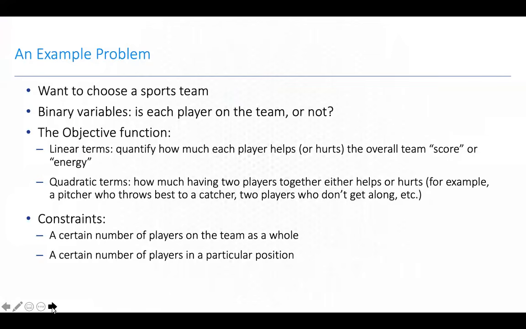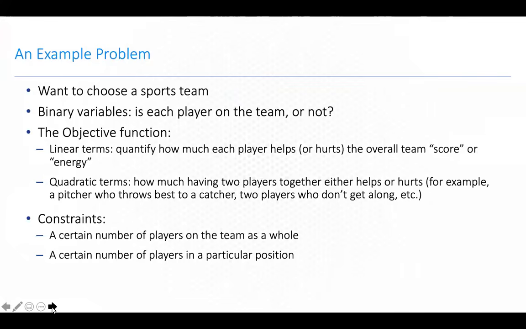And here's just a briefly summarized example problem. If you're a sports fan, this would be something interesting to write, although it gets very complicated in a hurry. We want to choose a sports team, and basically we would assign our binary variables to say, is each player on the team, maybe it'd be 1 or not, -1 or 0, depending whether we're Ising or QUBO.